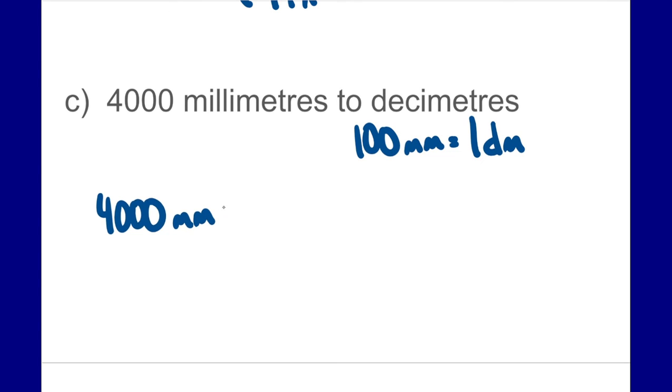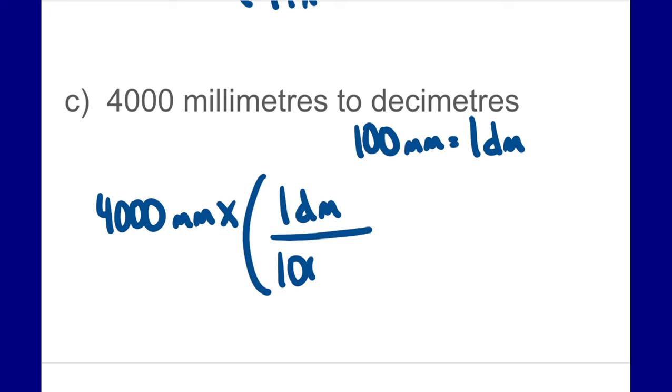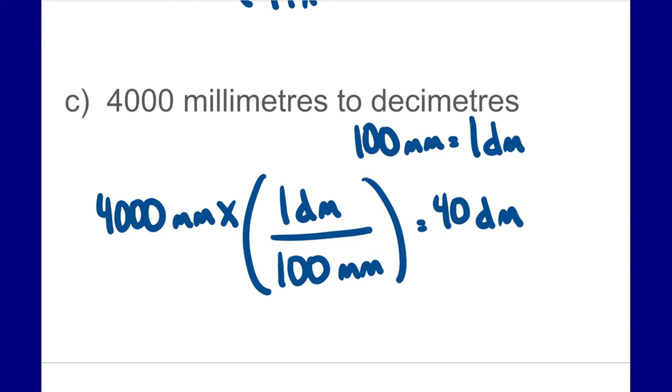And we're going to multiply that by our unit rate, which is the units we want, so 1 decameter divided by the units we have, which is 100 millimeters. So 4,000 times 1 doesn't change anything. Divided by 100, we get 40 decameters. So 4,000 millimeters is equal to 40 decameters.